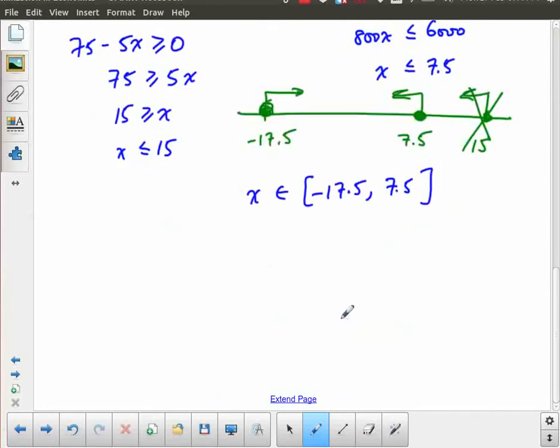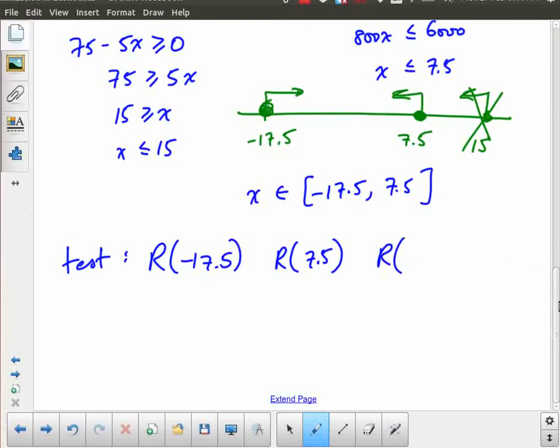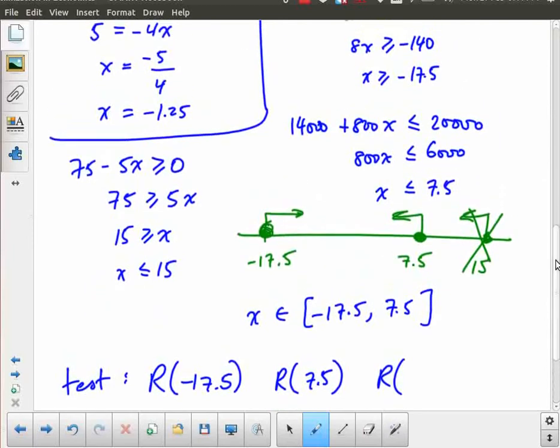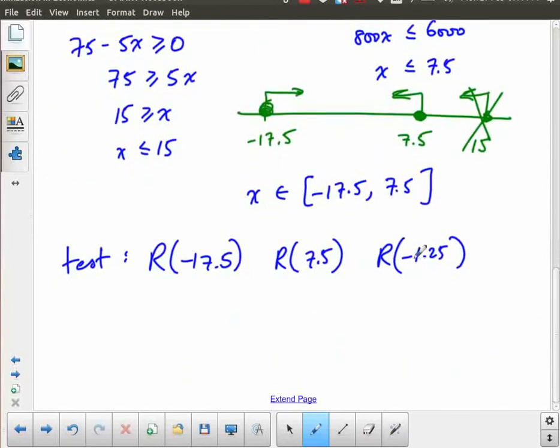And so when I test for maximum or minimum, I'm going to test r of negative 17.5. I'm going to test r of 7.5. And I'm going to test r of the value that we actually got, which is negative 1.25. And when you do that test, you will find that this one indeed is the maximum.